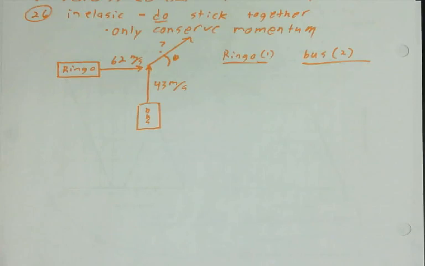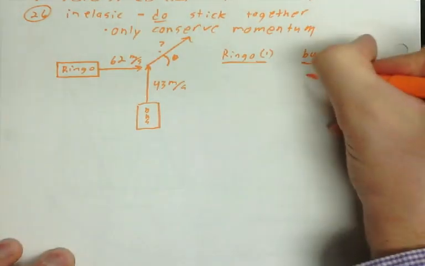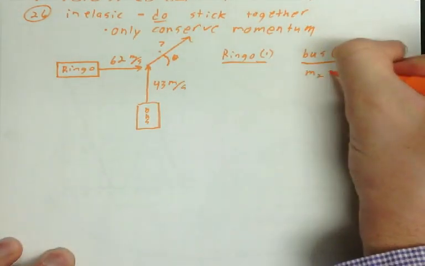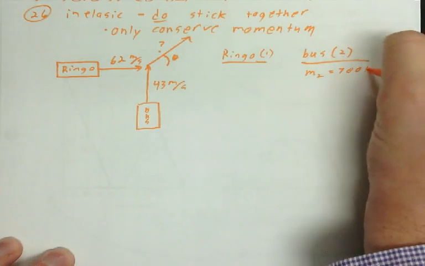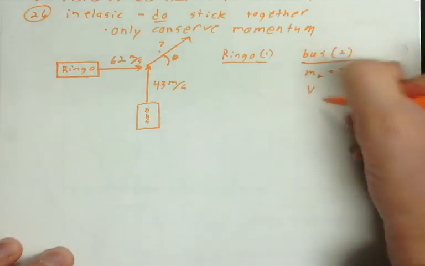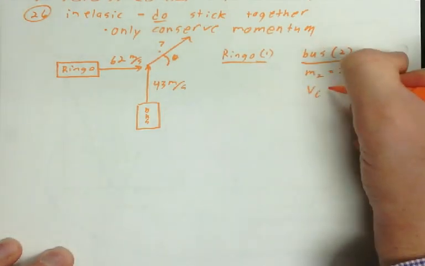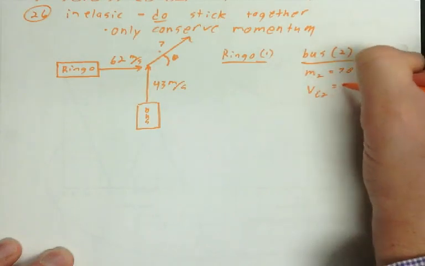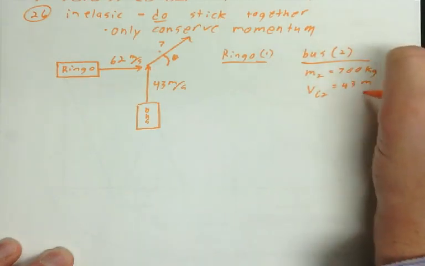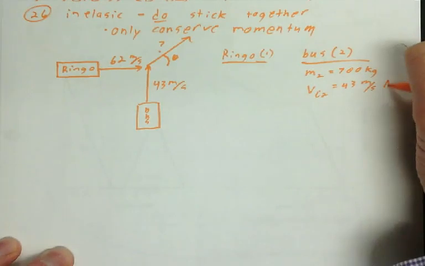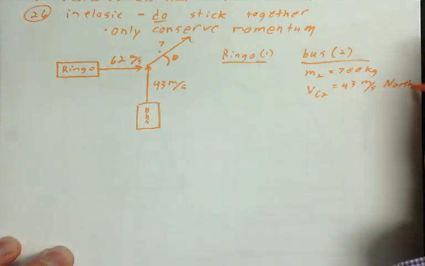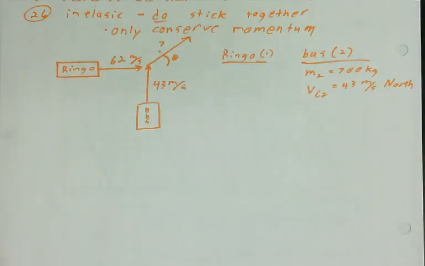The bus has a mass of 700. It has an initial velocity of 43 meters per second. And I'm going to put the direction 2, just because since this is a two-dimension problem, direction is going to matter.